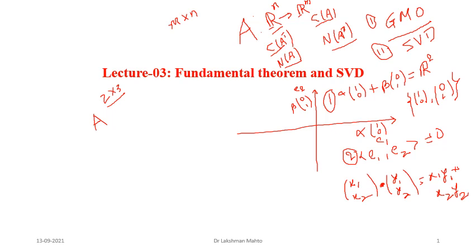Okay, so my question is: I'm asking you to find the eigenvalue of a 2 by 3 matrix. That means there are 2 rows and 3 columns, with entries like 1, 2, 3, 3, 4, 5, 8, any entries you can take.